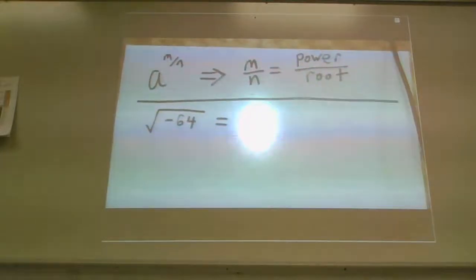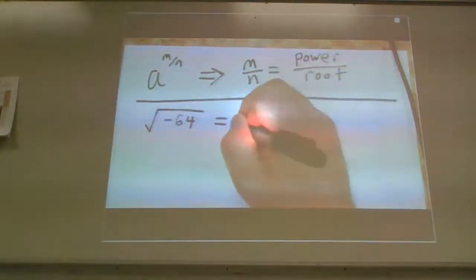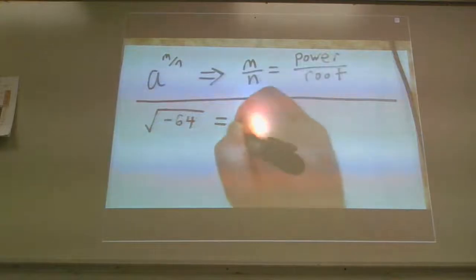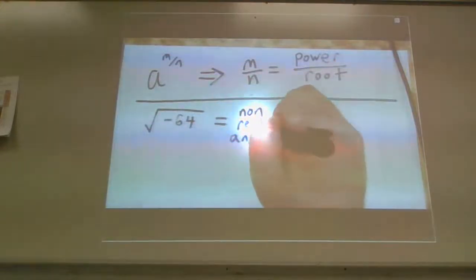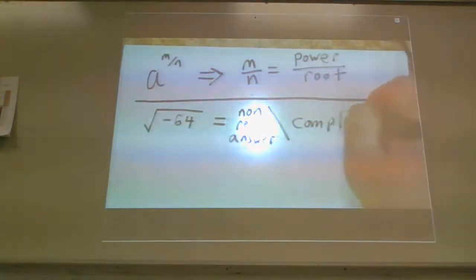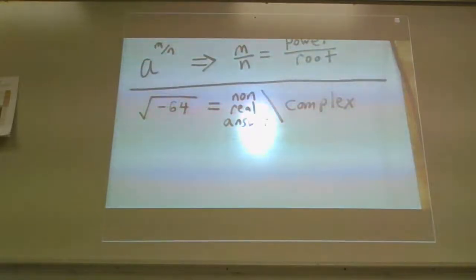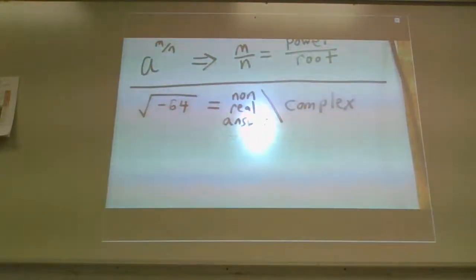That is exactly what I wanted to write down. The square root of negative 64 is a non-real answer. It's a complex solution. There's nothing we can do about that. It actually does get you the I that we talked about earlier on in the school year.